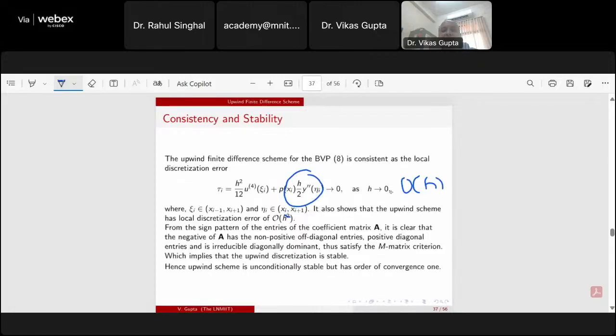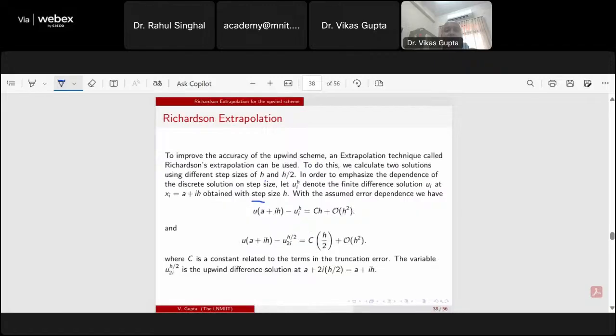We know that the upwind scheme is accurate of order h, so u(x_i) minus u_i^h equals C h plus order of h square, where C is a constant related to the term in the truncation error.